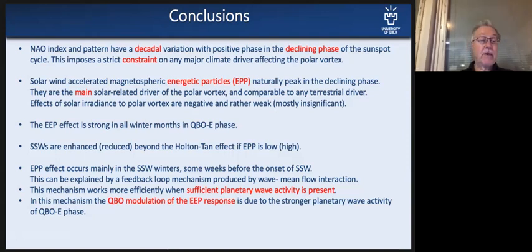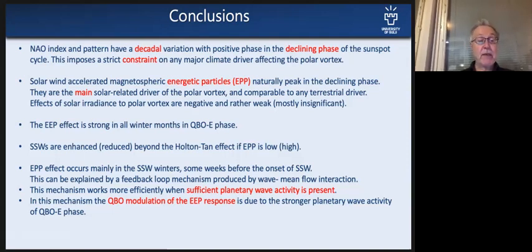The EPP effect is strong in all winter months in the QBO easterly phase. Sudden stratospheric warmings are enhanced beyond the Holton-Tan effect if the EPP is low and they are reduced if it is high.